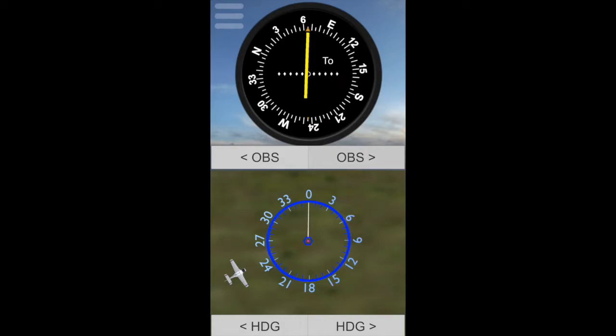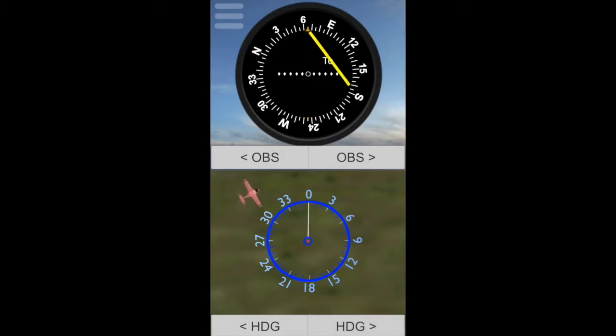Because the 065 plus or minus 90 is 155 and 335. If I'm on that half, it will be a from. If I'm on the other side, it will be a to. So that's correct. And if I turn my plane heading to 065, I'm going to fly straight to that VOR as long as I keep that needle centered the way it is.